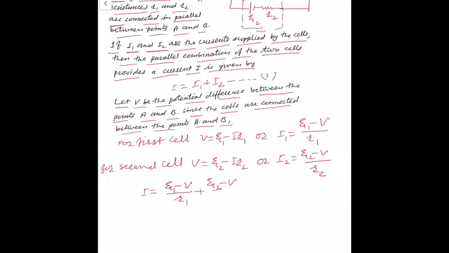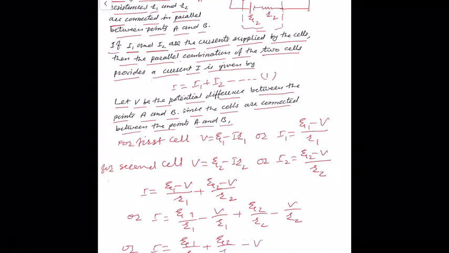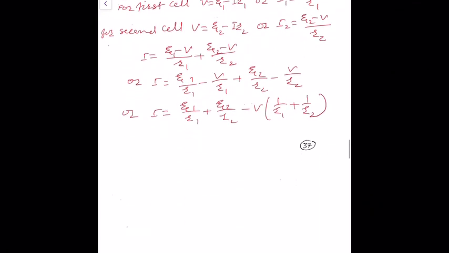Substituting the values of I1 and I2 in equation 1, we get I = (E1 - V)/r1 + (E2 - V)/r2, or I = E1/r1 - V/r1 + E2/r2 - V/r2, or I = E1/r1 + E2/r2 - V(1/r1 + 1/r2).